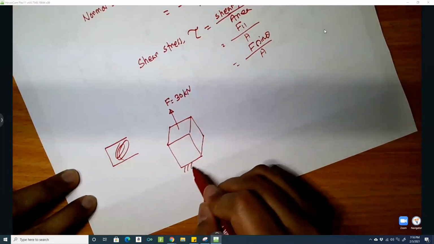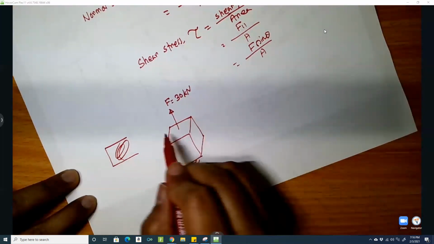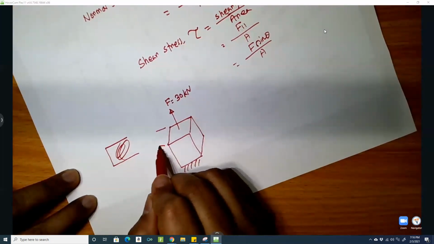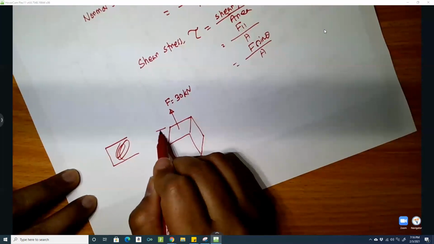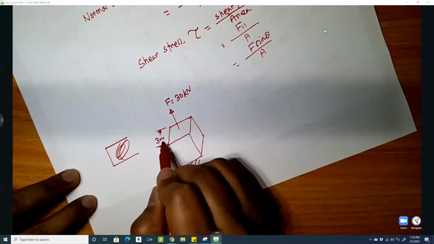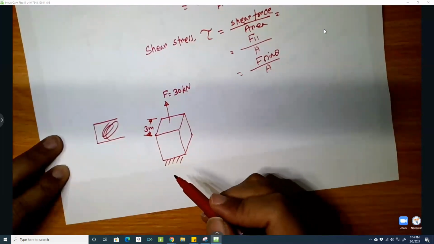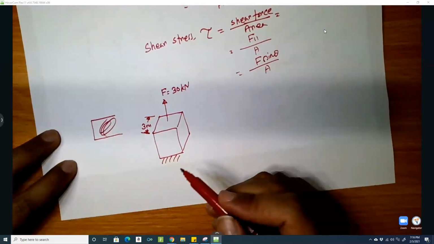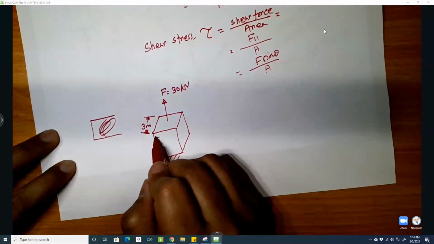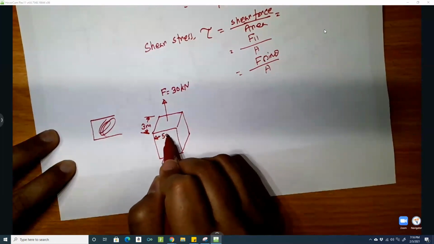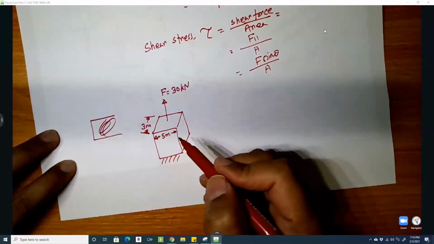Its other end is fixed, and this length is 3 meter, and this length is 5 meter.